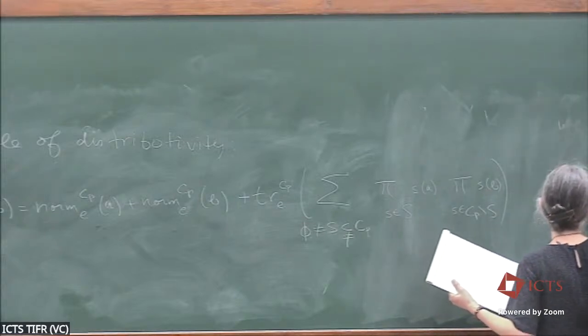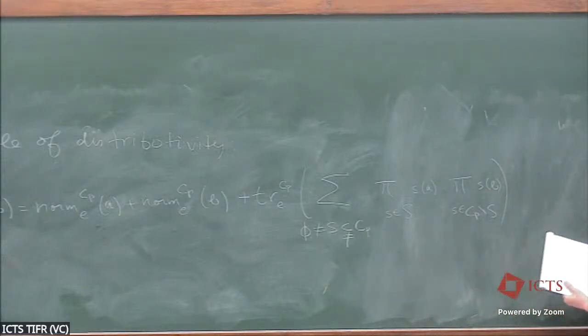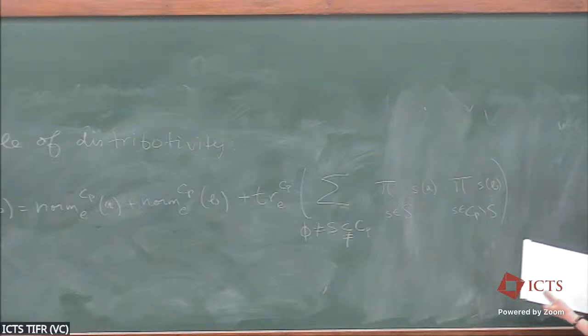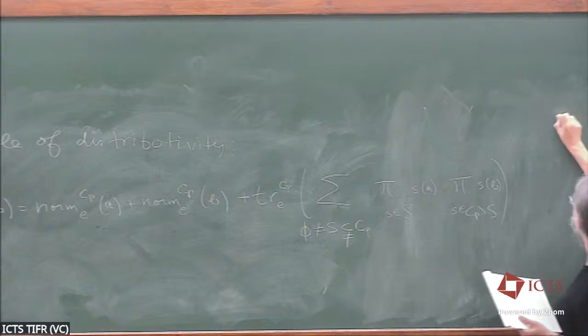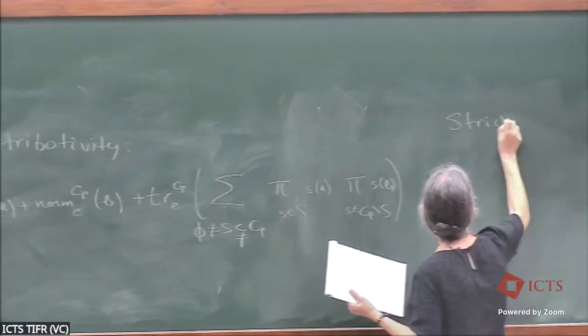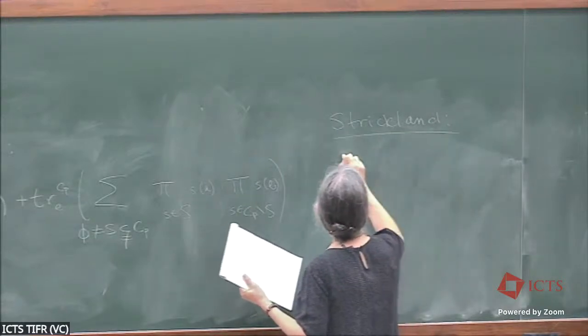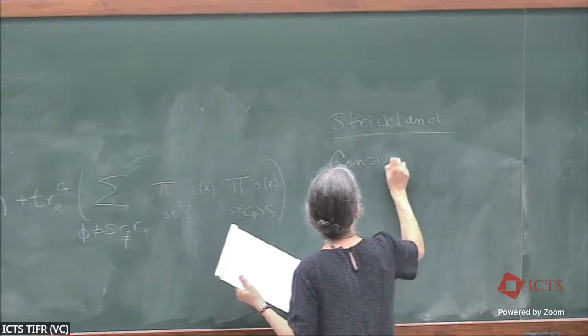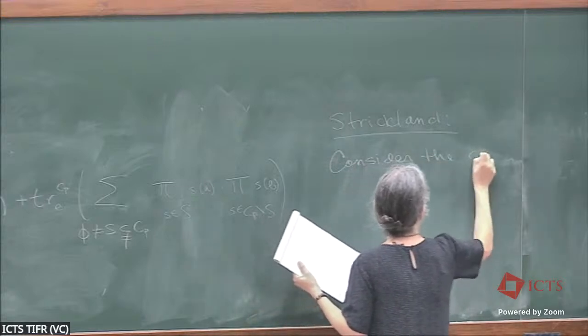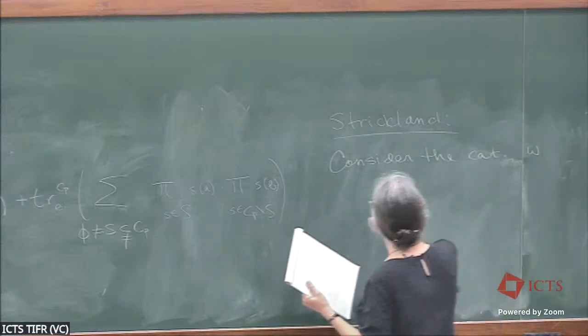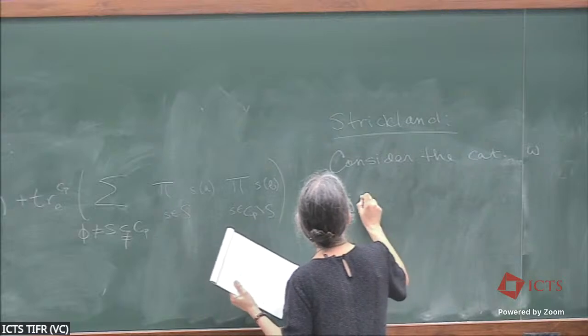And what Strickland did to make sense of the combinatorics, but it's still complicated because it's a harder concept than Mackey functors. Strickland says, consider the category with objects like we had yesterday.